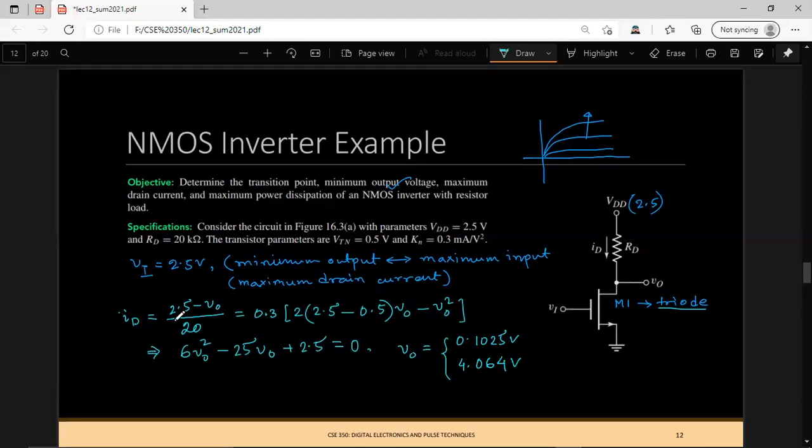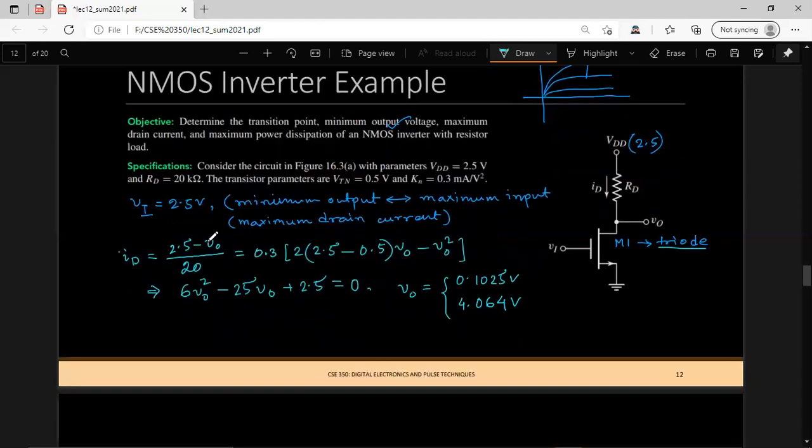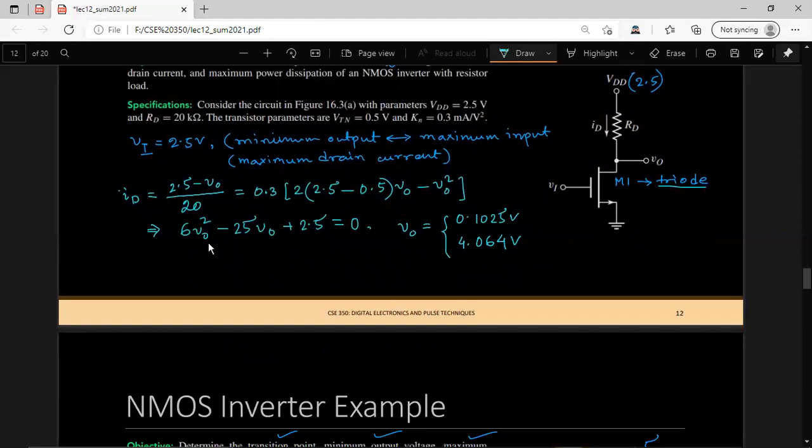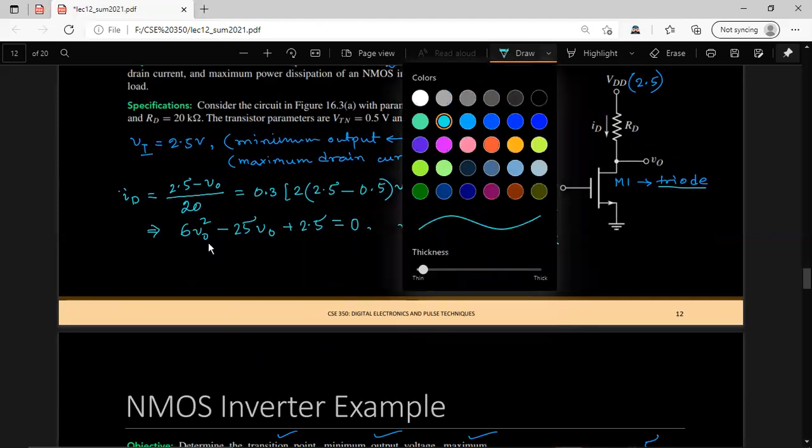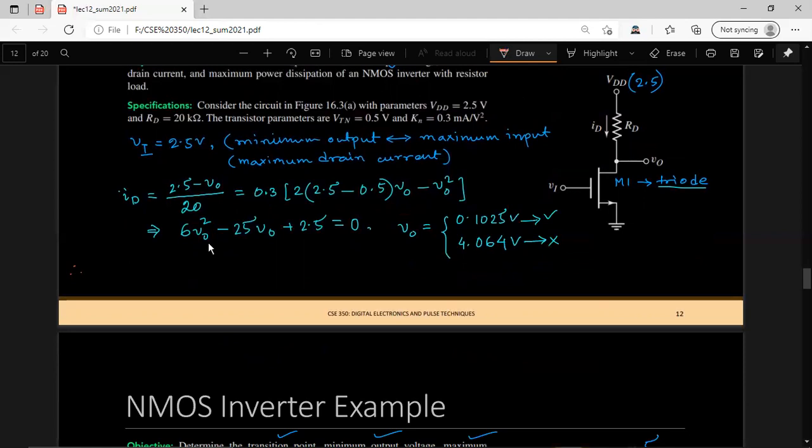So VDD is 2.5, and we can safely eliminate this choice. So we should use V0 equals 0.1025 volt, and now let's check whether it satisfies our assumption that M1 is operating in triode. So for this case, we have VDS 0.1025, which is less than VGS minus VTN, that is 2.5 minus 0.5.